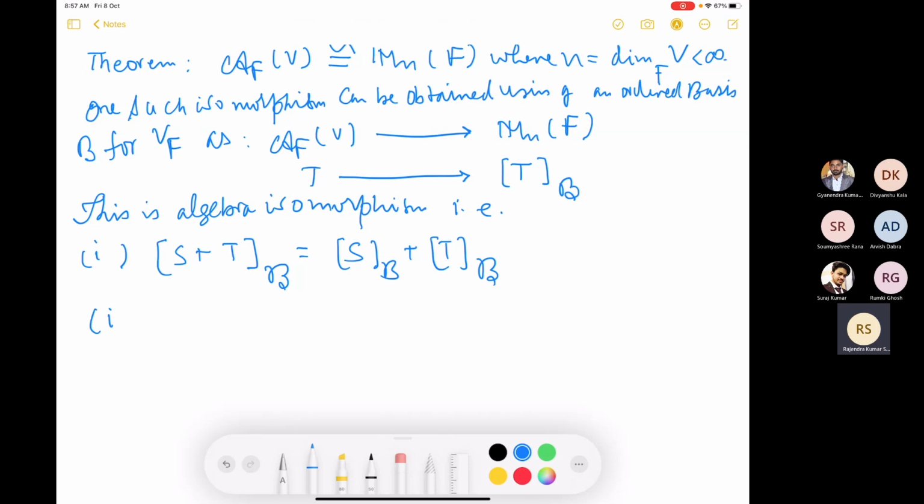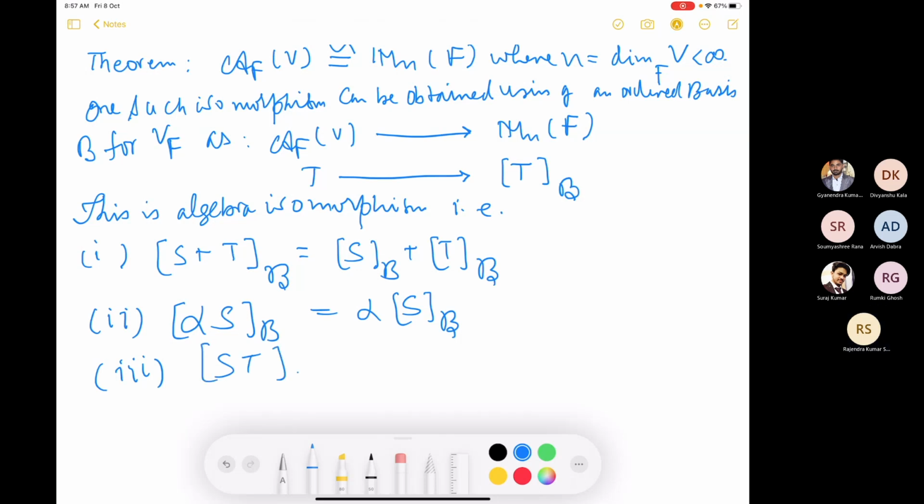Second, alpha S. Third thing is ST with respect to B. All these properties we had already verified that they hold.